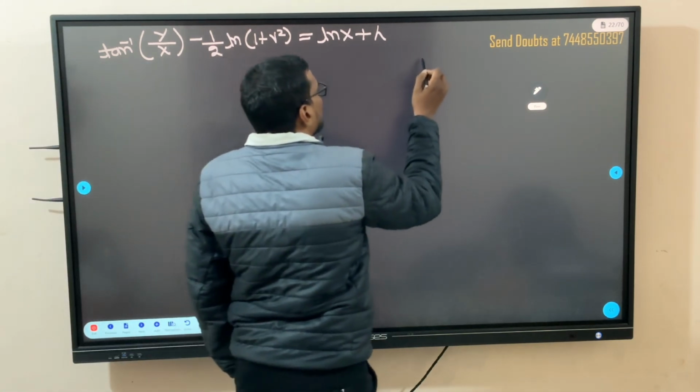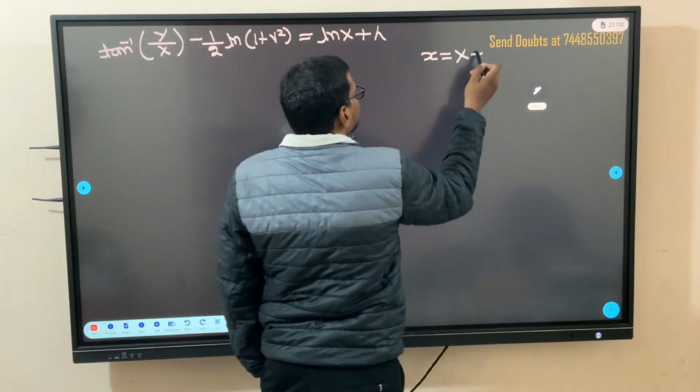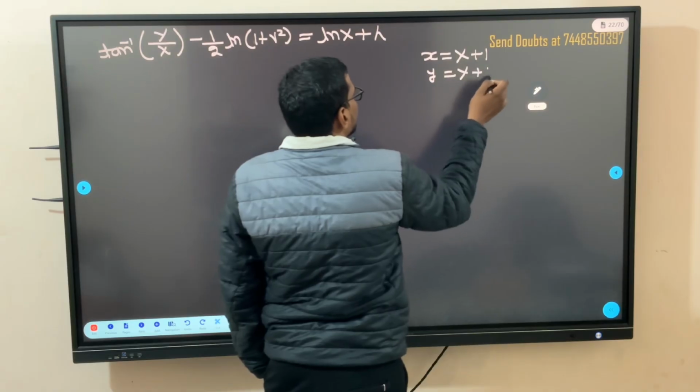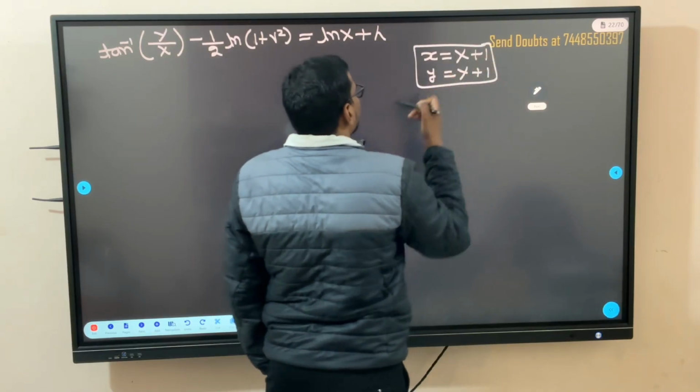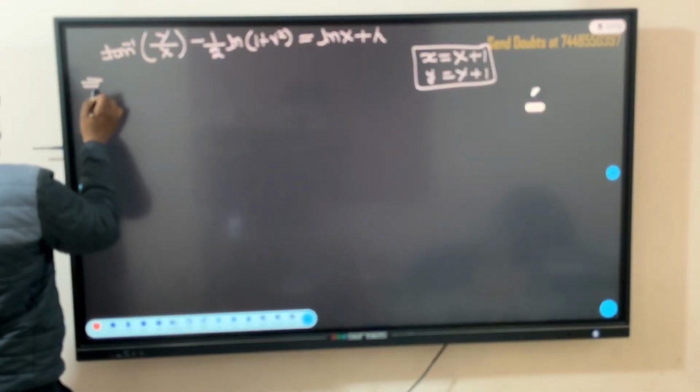So guys, what was small x? We had substituted capital X plus h, h was 1, and capital Y plus k, k was also 1. So those values we will substitute here.